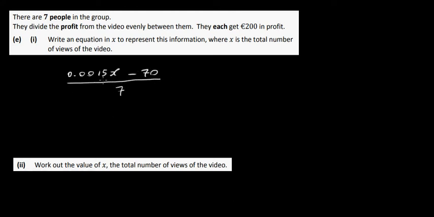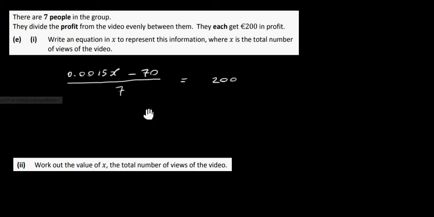They divide it evenly. They divide the profit evenly. And each person then, when you divide the profit by 7, each person is going to get 200 euros. So this is our equation. And that's it really. Just write an equation in x to represent this information. We don't have to do anything else with it in this part of the question.